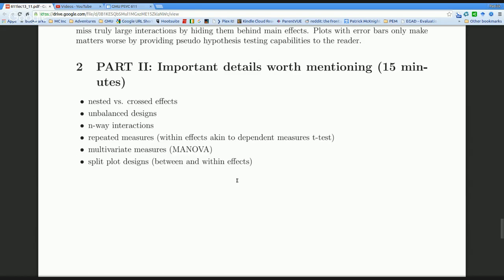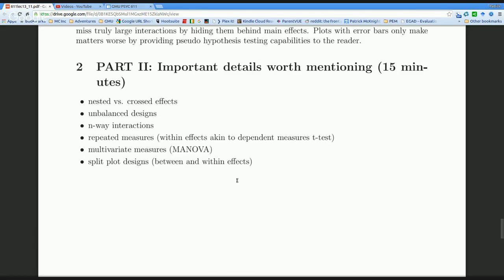Additionally, with ANOVA, I mentioned that balance in the design is really important. The reason why it's important is because of this whole idea of partitioning variance evenly and expecting there to be a homogeneity of variances across cells. If you have unbalanced designs, just think about what it means to be a mean in each one of these cells if each cell has a different number of observations.